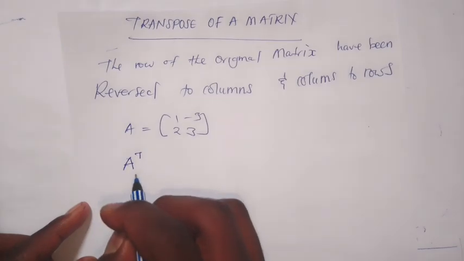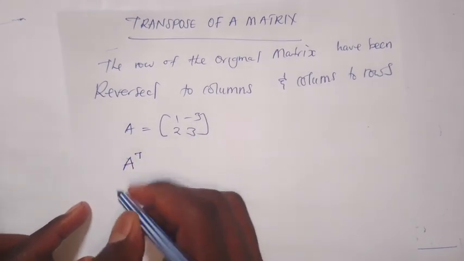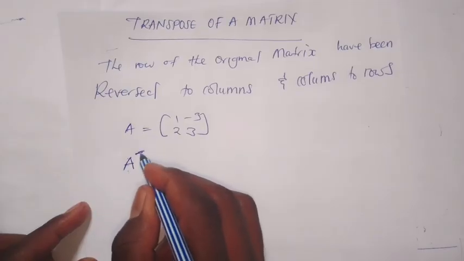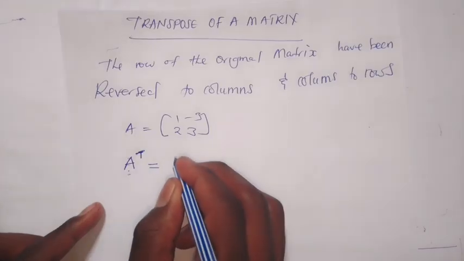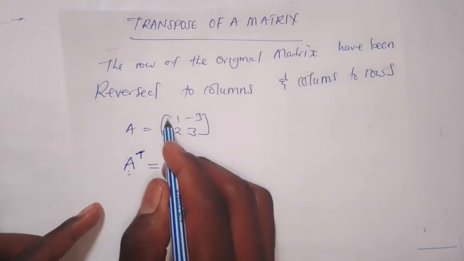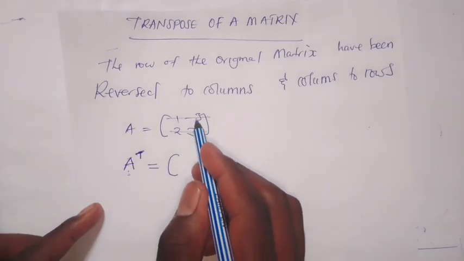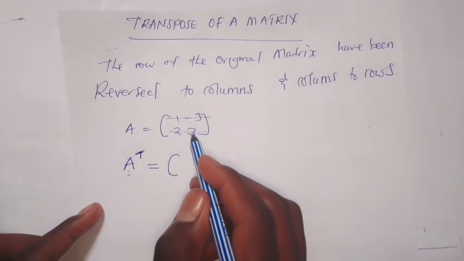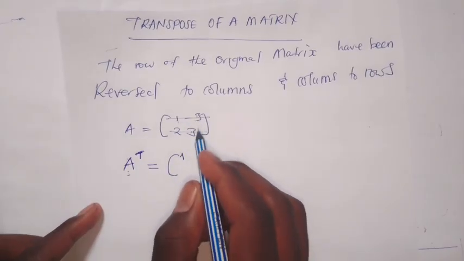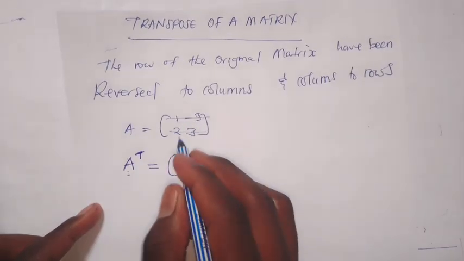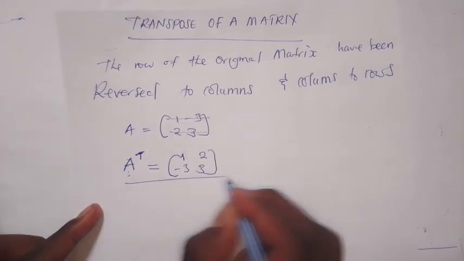Whenever you're writing the answers, when they ask you to find the transpose, write the matrix and the T on top of that matrix. Okay, then you swap. So we have these rows, so these are going to become our columns. So we have 1, 2 and -3, 3. This is the transpose of A.